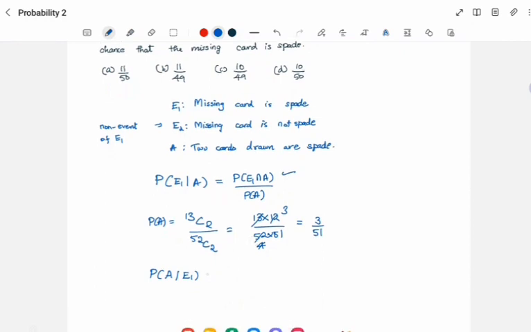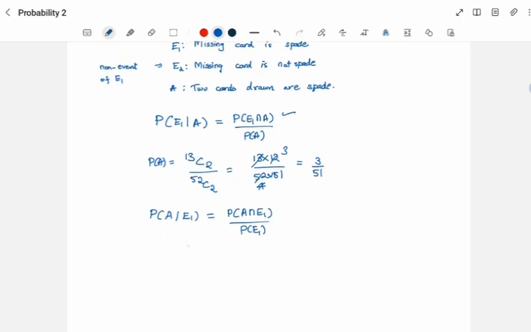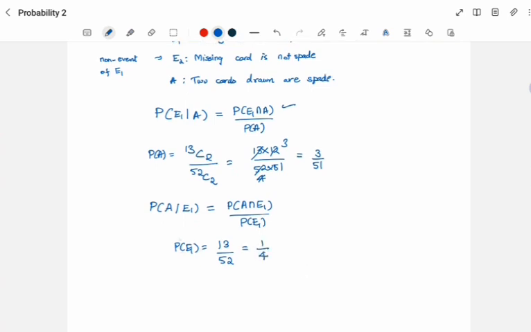This is nothing but P of A intersection E1 divided by P of E1. P of E1 also I can calculate. What is the chance that the missing card is spade? There are 13 spades divided by 52, correct? So the missing card being spade will be 1 by 4.